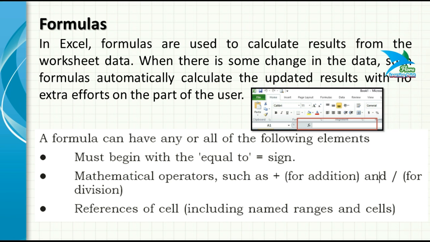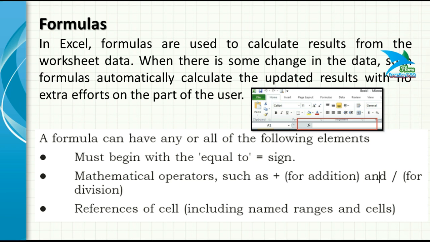So you have to press equal, then start writing your formula. For mathematical operations such as addition, division or multiplication, you have to write the symbols plus, minus, multiply, divide to perform calculations.